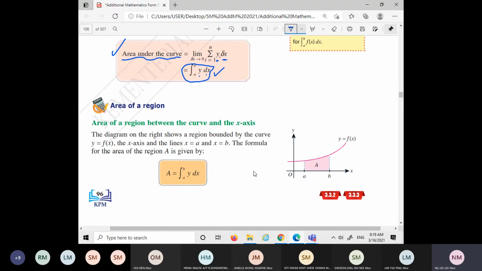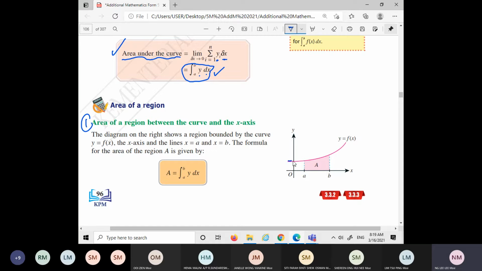Now we start by using this formula to find the area under a curve. So we start with this: area of a region. There are three, and we go through very fast. The first one is the area of a region between the curve and the x-axis.